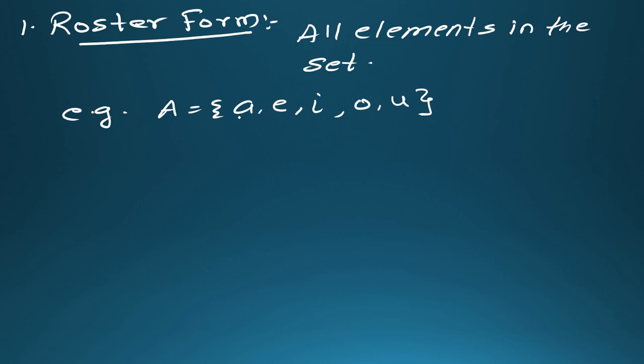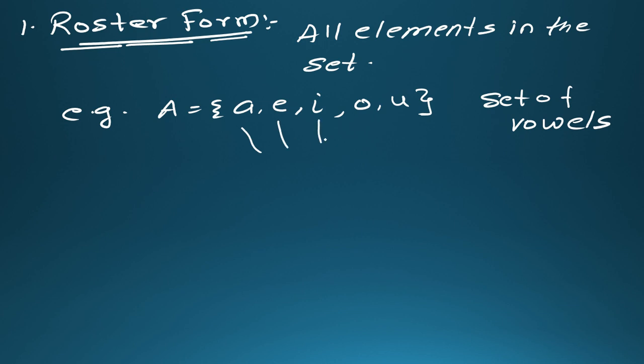You can see I have written the set of vowels, or more specifically the set of vowels of the English alphabet. So this is roster form. In roster form, we write all the elements in curly brackets separated by commas.